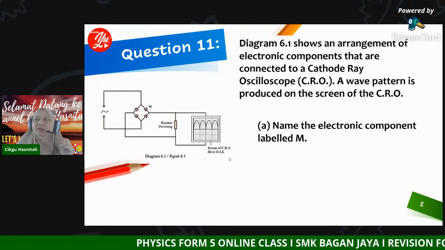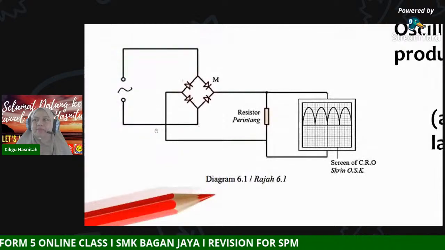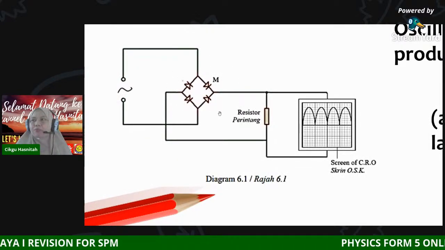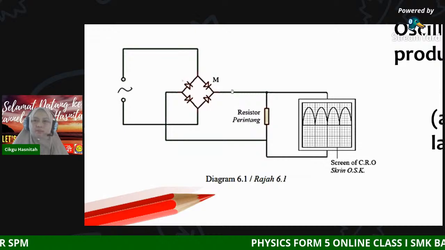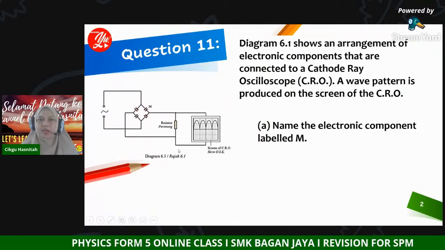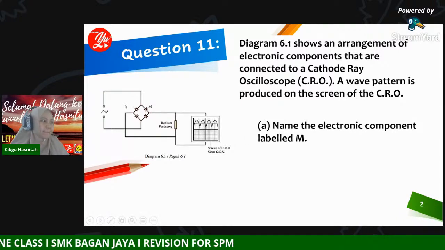What is the name of the electronic component labelled M? Where is M? What is the name of this component? Can you type in the live chat what is the name of component M?